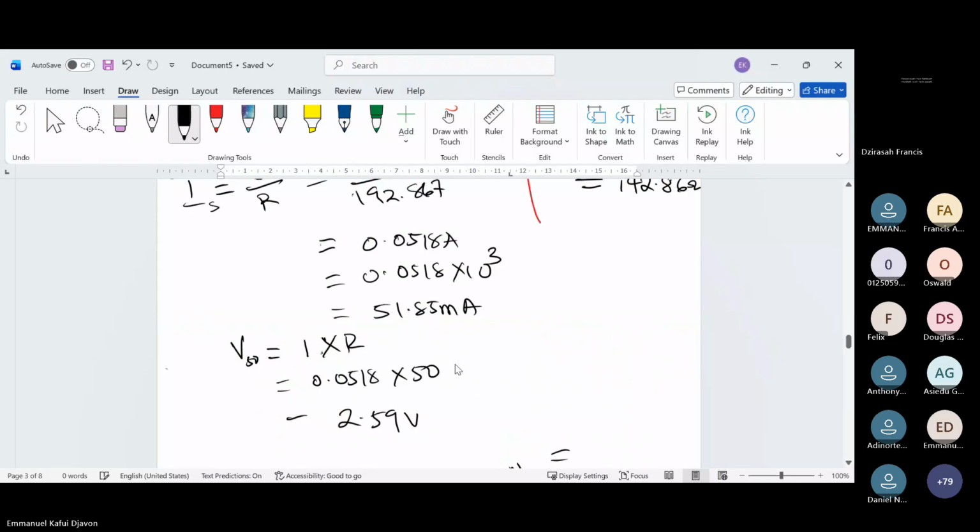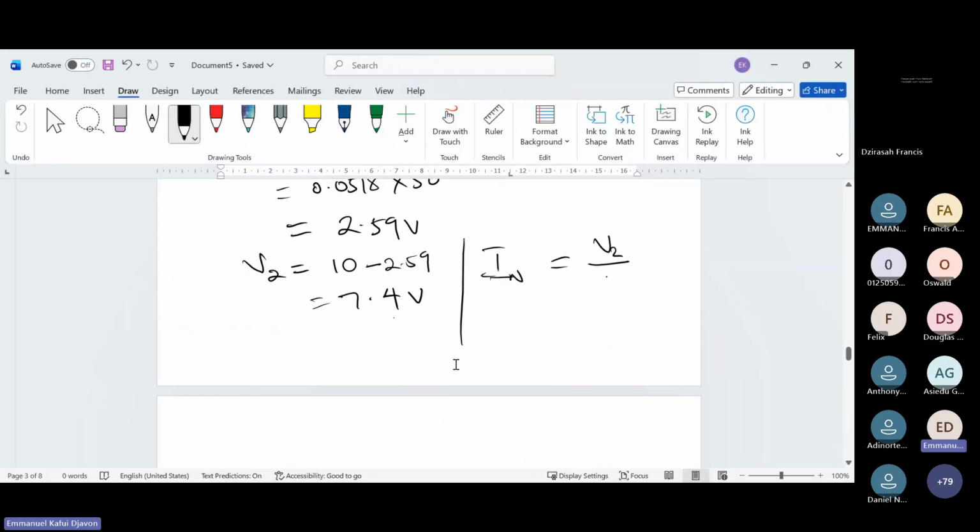So I have V2, which is equal to 7.4 all over 200 ohms.